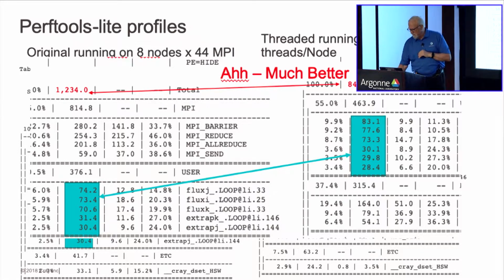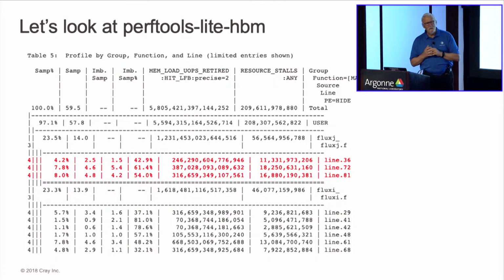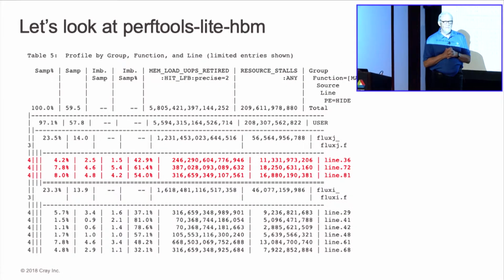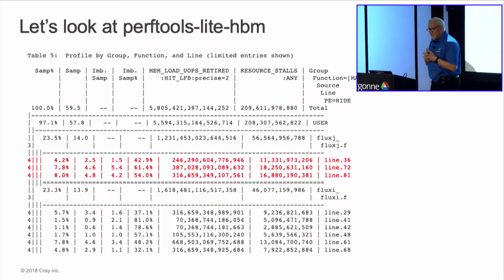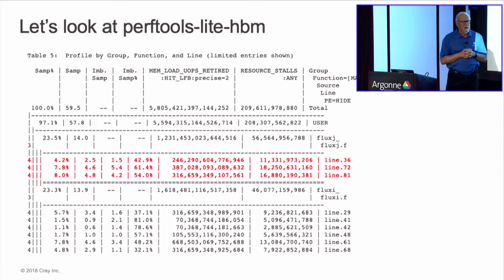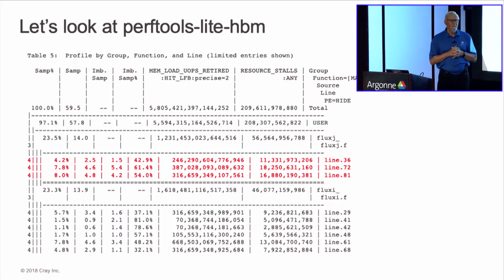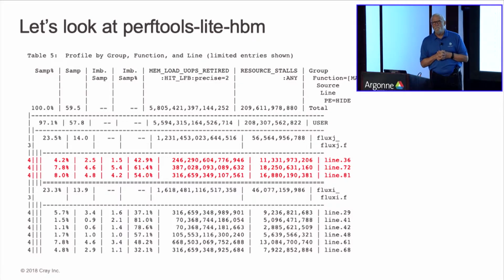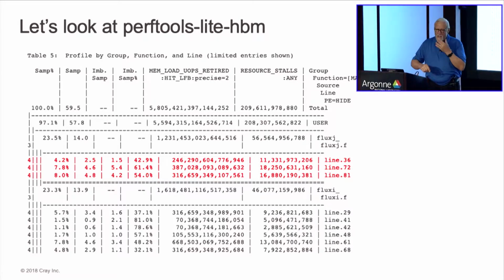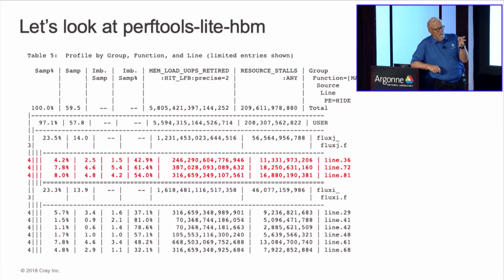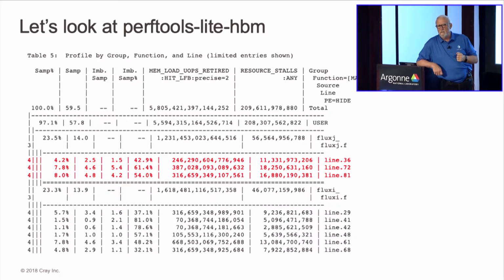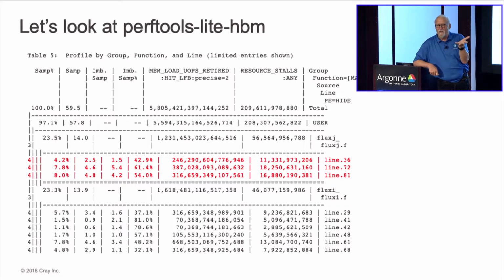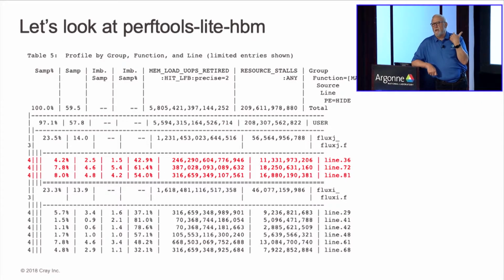So we have a tool called Perftools-lite HBM. This actually instruments cache overflow on the last level cache. And so basically what it's saying is which arrays are responsible for most of the bandwidth utilization, because if they're hitting cache conflicts, they're going to require more bandwidth from memory.